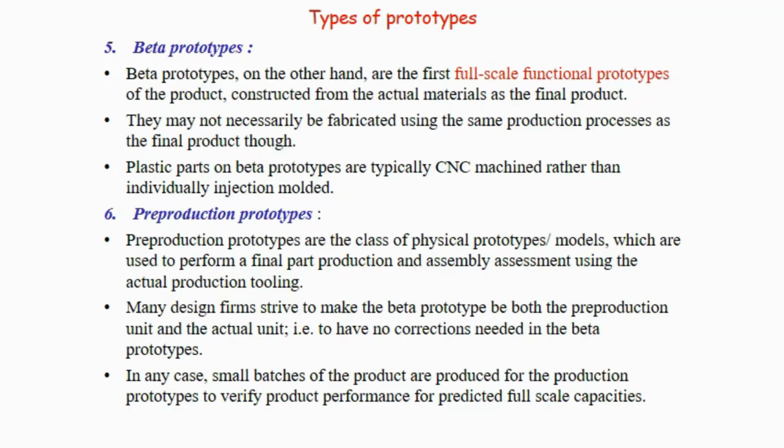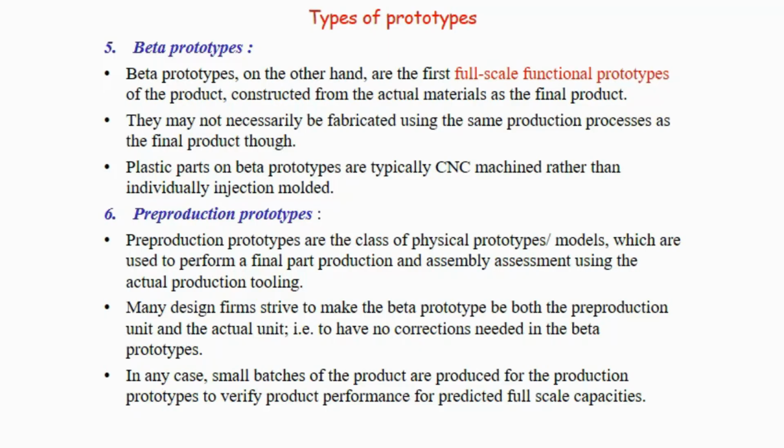So many design firms will make this beta prototype be both the pre-production unit and the actual unit. In most of the cases, they will combine both these things and do it.